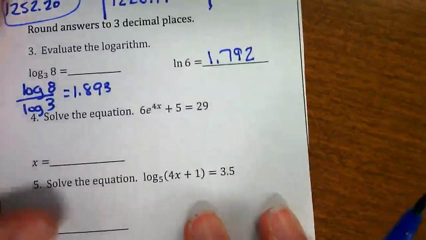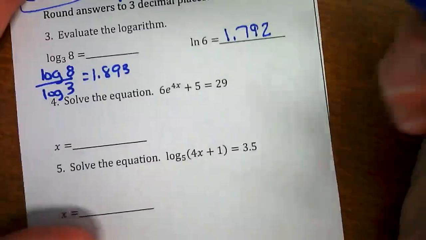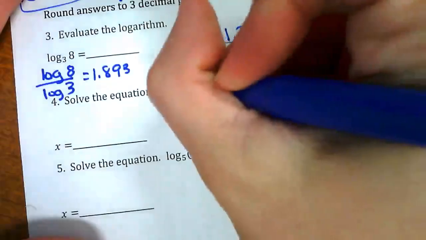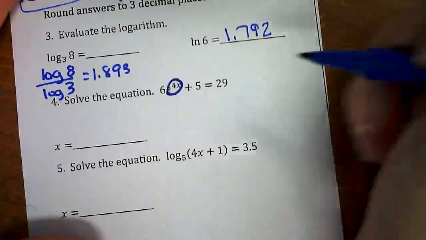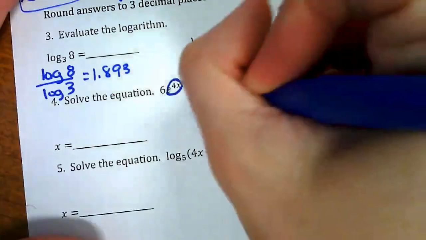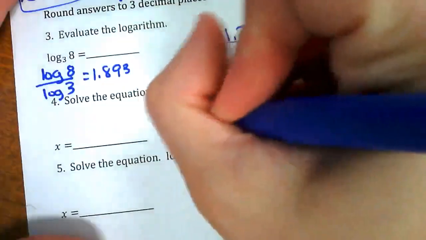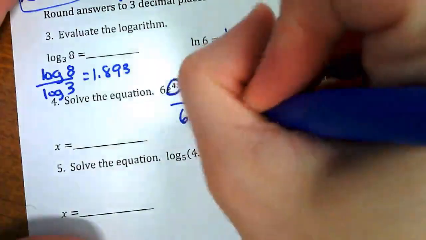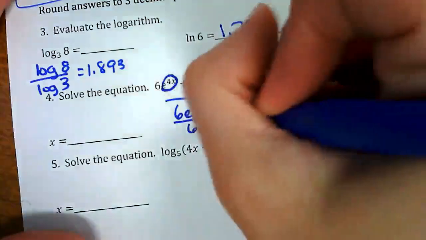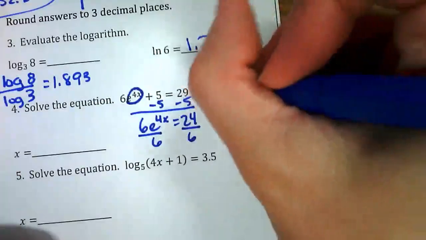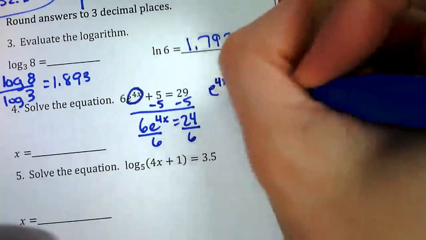Okay, solve the equation. You can do this a couple ways. One way to do this is to isolate this part because that's the part that has the variable in it. I would subtract 5 and I get 6 times e to the 4x equals 24. I could divide by 6 and I would get e to the 4x equals 4.